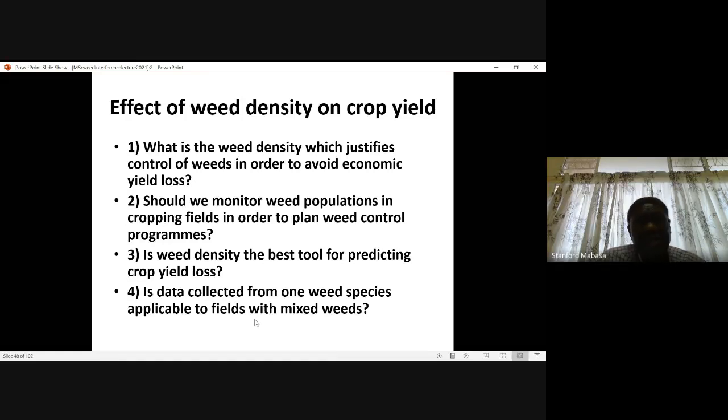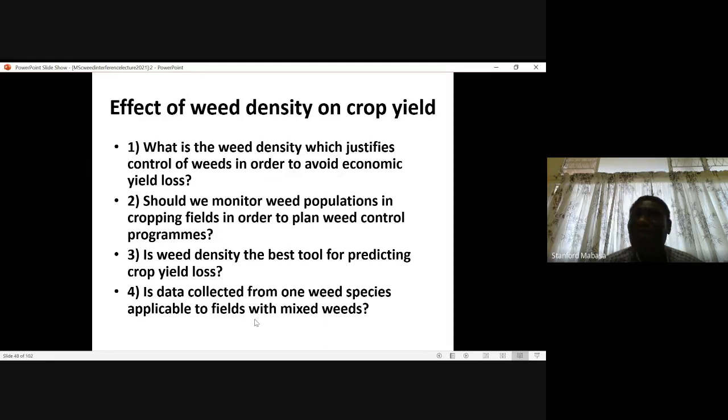The other issue is that is this the best way to predict crop yield loss, to use weed density? Another problem or another question is that normally with these kind of experiments or assessments, you have to use one weed species at a time.